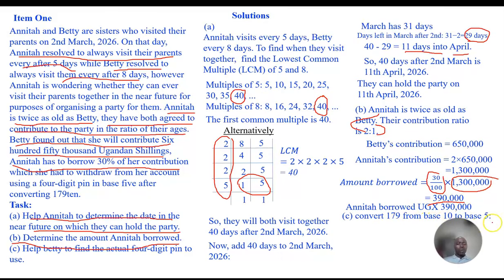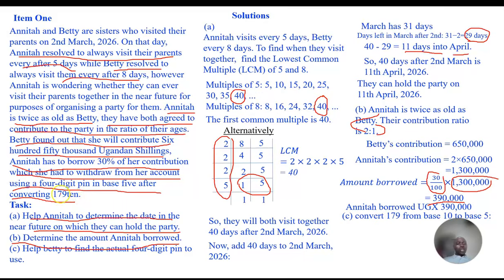Lastly, we go to part C. Help Betty to find the actual 4-digit PIN. If you come back to the scenario where they are talking about the PIN, they are saying Anita has to borrow 30% of her contribution, which she had to withdraw from her account using a 4-digit PIN in base 5 after converting the 179 base 10.